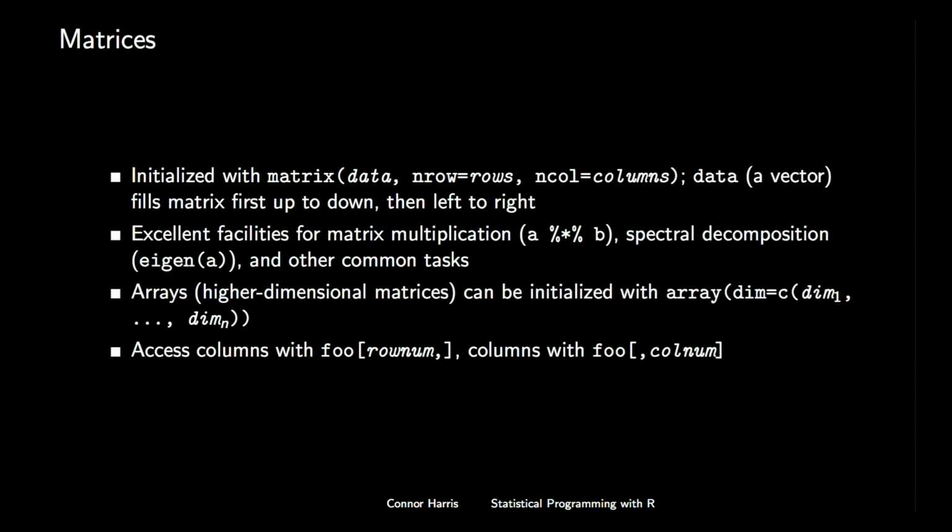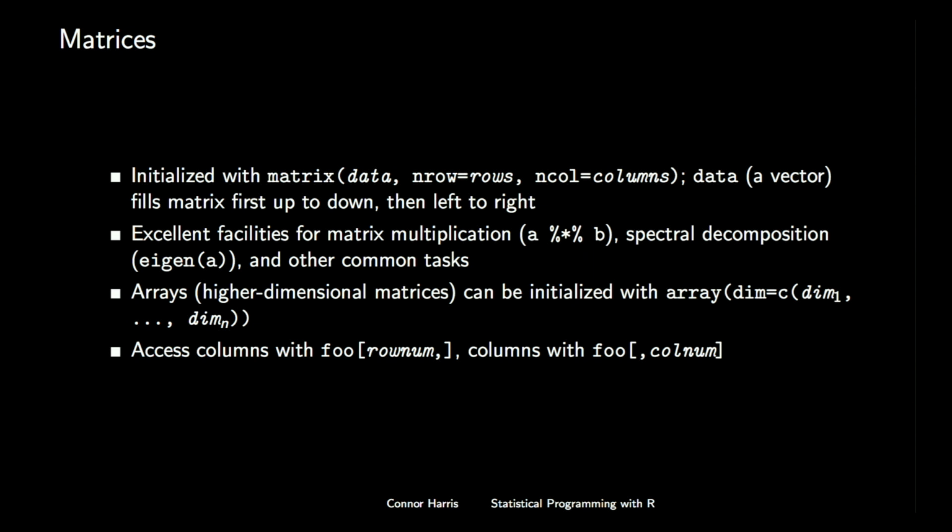Matrices are basically higher-dimensional arrays. They have this special initialization syntax: matrix with data, number of rows, number of columns. When you pass in data, it fills in the array, going top to bottom first, then left to right, so like that.